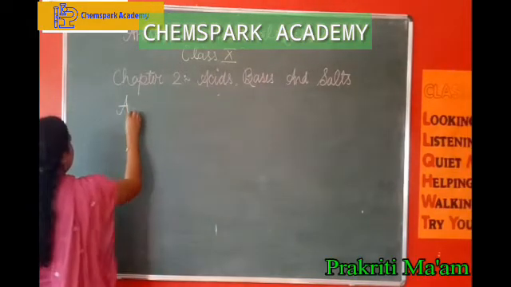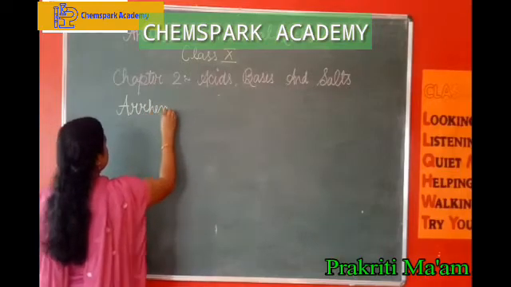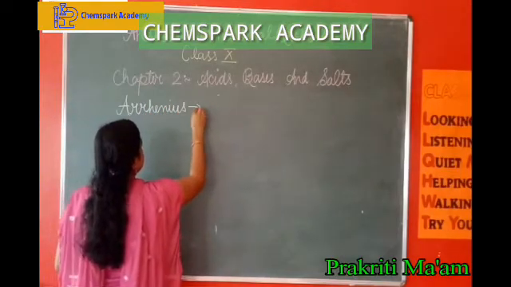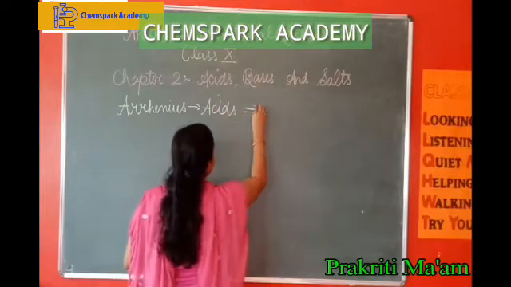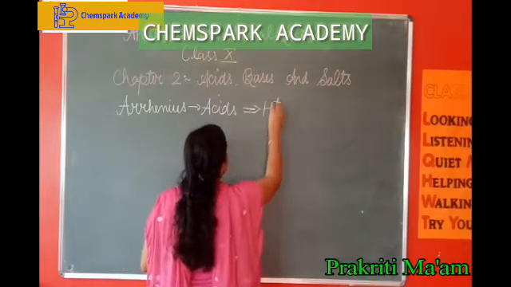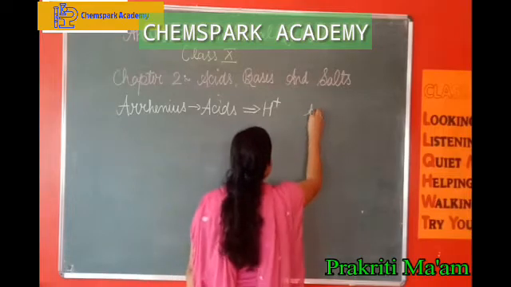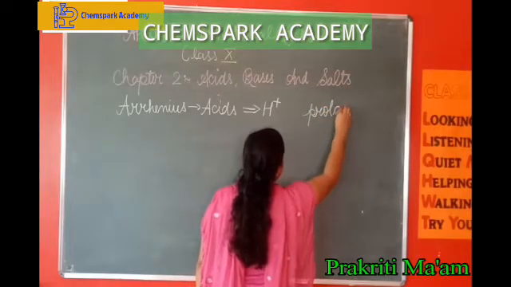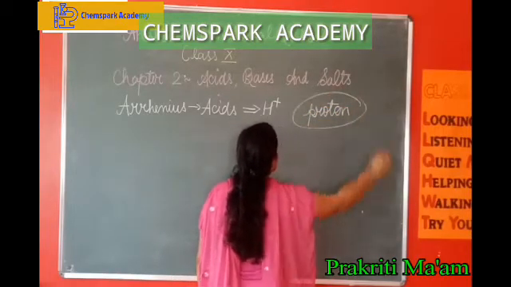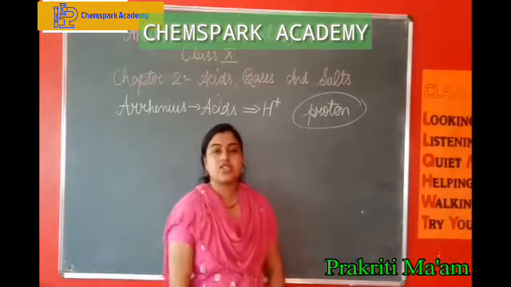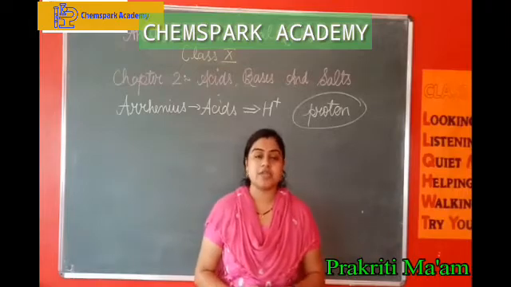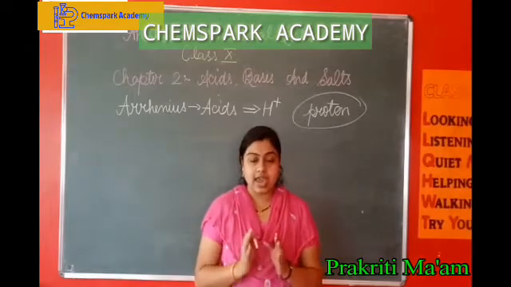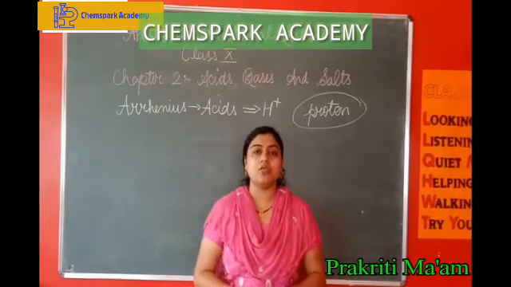So according to Arrhenius, acids are those substances which release H plus ions, and this H plus is also known as a proton, which we will be using in our next class if you take the science stream. So acids are the substances which release H plus ions when dissolved in water.